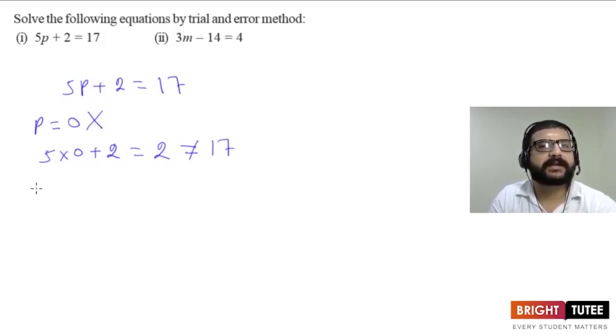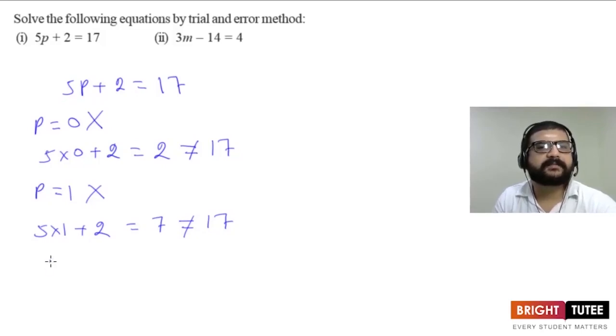Now let's try p equal to 1. So if p is equal to 1, we will get 5 into 1 plus 2. 5 into 1 is 5. 5 plus 2 gives us 7. Now we know again 7 is not equal to 17. So this value of p is also not satisfying the equation. Now what should we do? Let's take one more value.